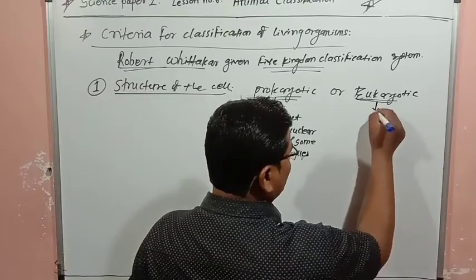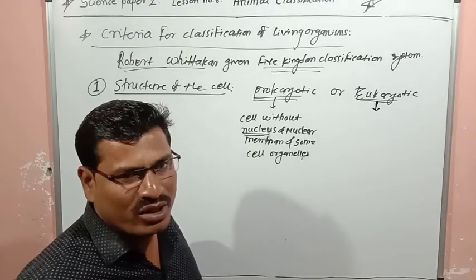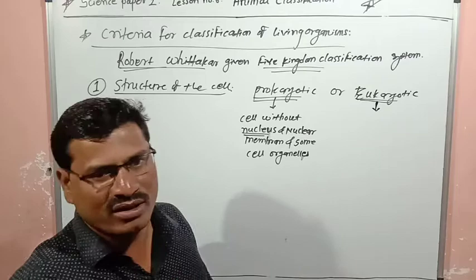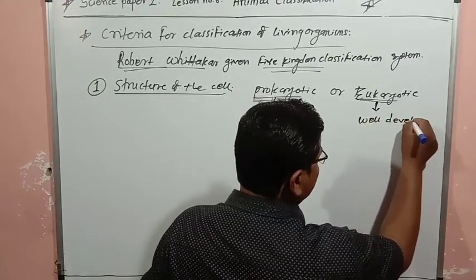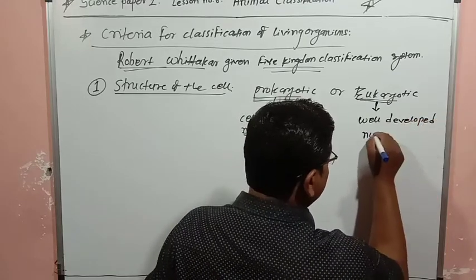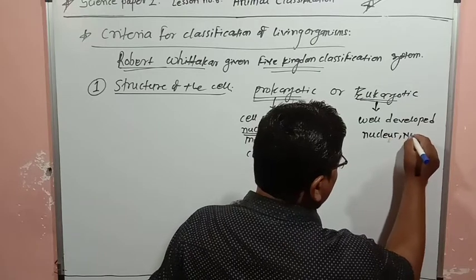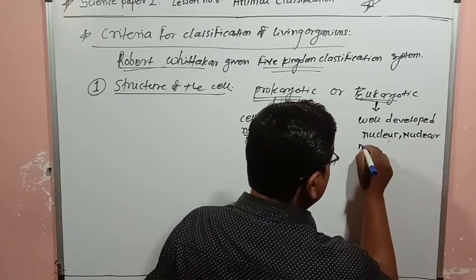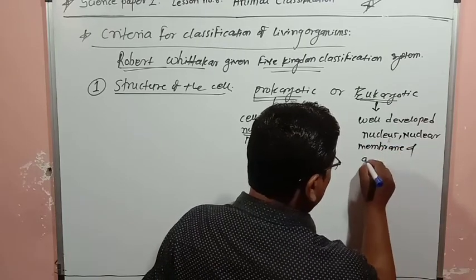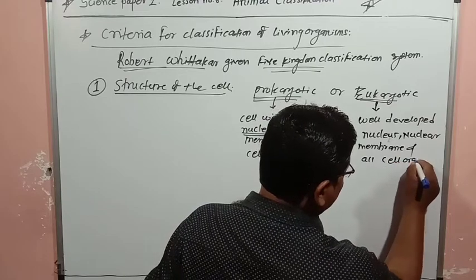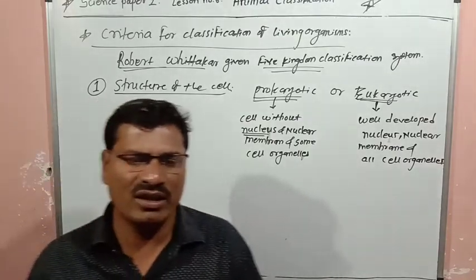What is meant by a eukaryotic cell? It is a cell having a well developed nucleus and nuclear membrane, as well as all the cell organelles. Which cell organelles are there?